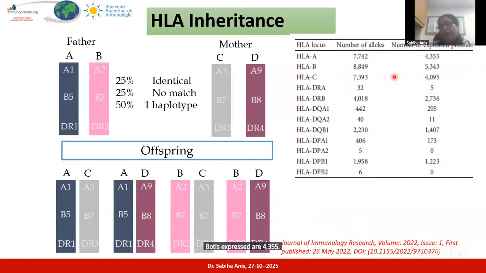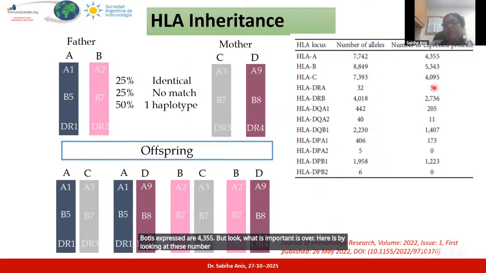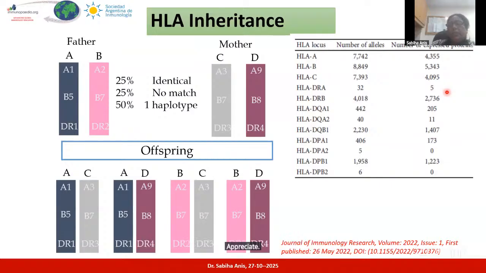What is important by looking at these numbers is that you can appreciate that HLA has a very high polymorphism. There are a lot of HLA molecules that are expressed in a population, and also in a single individual, there are so many HLA molecules expressed on the cell surfaces.